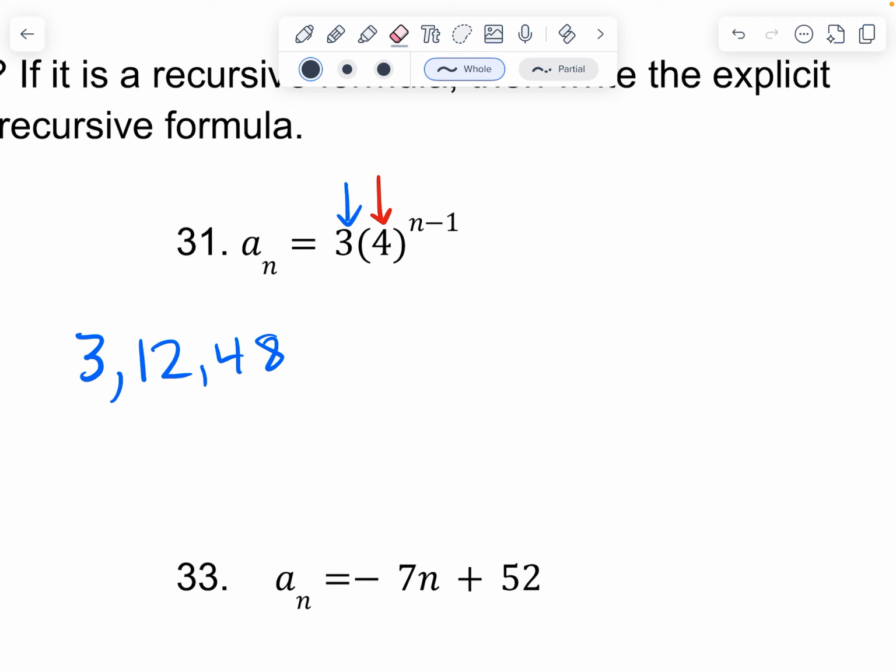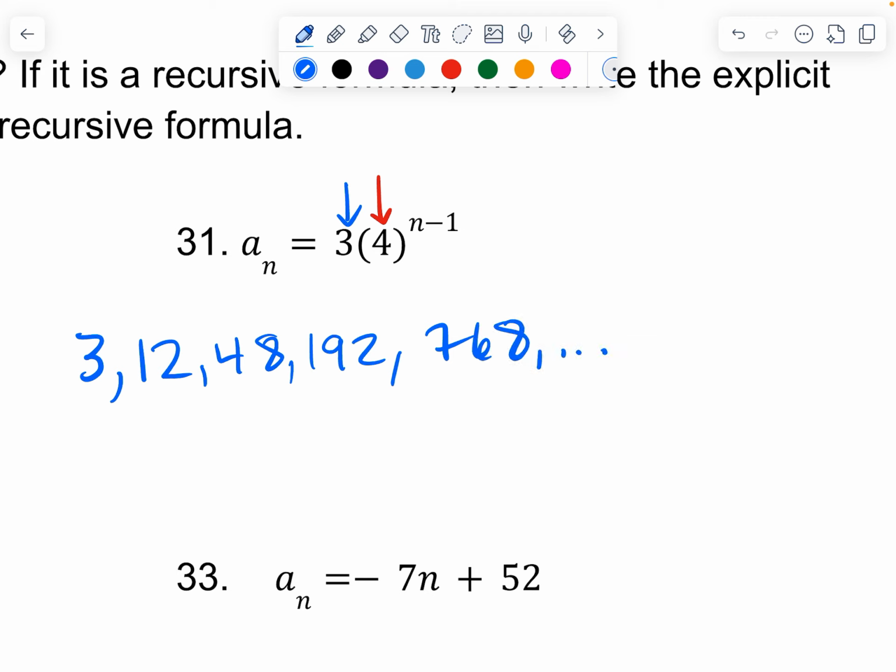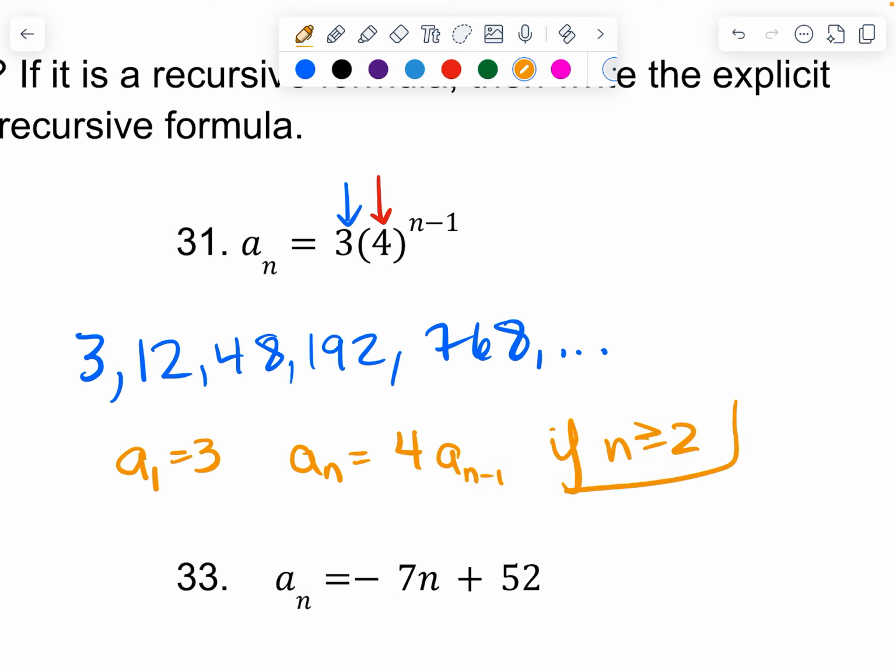There we go. That looks better. And then times that by 4 and get 768. Now, I need to also write the recursive formula. So a sub 1 equals 3, where a sub n equals 4 times the previous term if n is greater than or equal to 2.